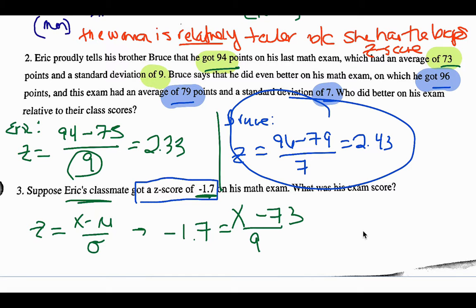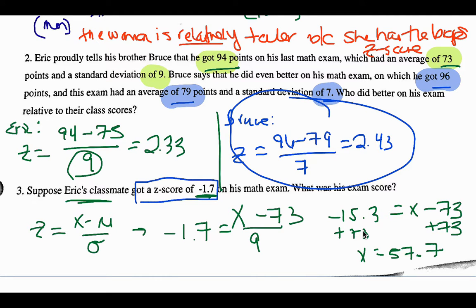We're going to multiply both sides by 9. We get negative 15.3 is equal to x minus 73. I'm going to add 73 to both sides. And we're going to get x is equal to 57.7.